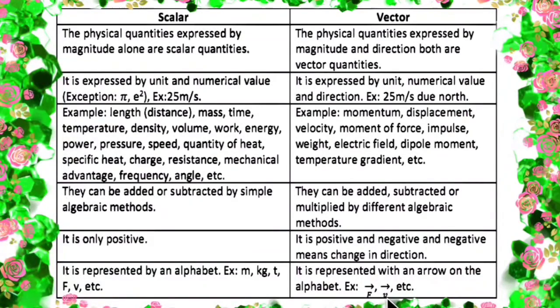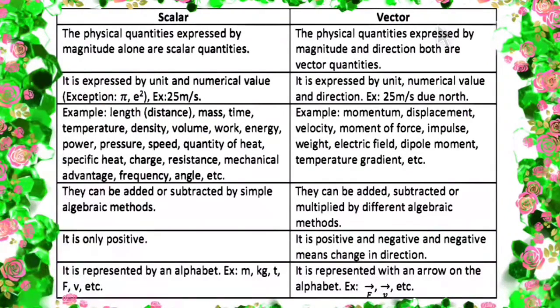Similarly, in case of velocity V, we have an arrow, so this shows that there is a direction in which the object is moving. So if we have an arrow on the alphabet, it means that it is a vector quantity, and if we do not have an arrow on top of the alphabet, in that case it will be considered as a scalar quantity. So these were the basic differences between the scalar quantity and the vector quantity.